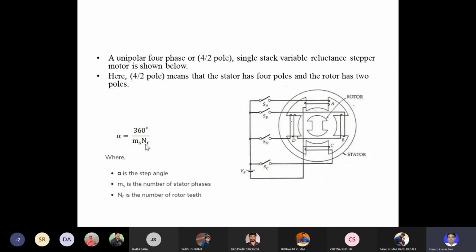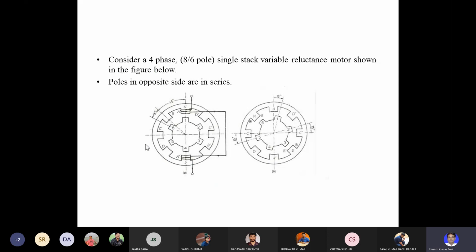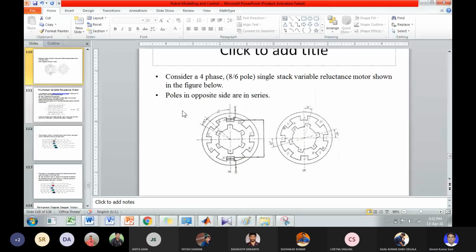So you have 45 degree of step angle. So this is also the example of 8 by 6 pole, 8 poles in the stator and 6 poles in the rotor, and you have 4 phases, and you can turn the supply in bidirectional.